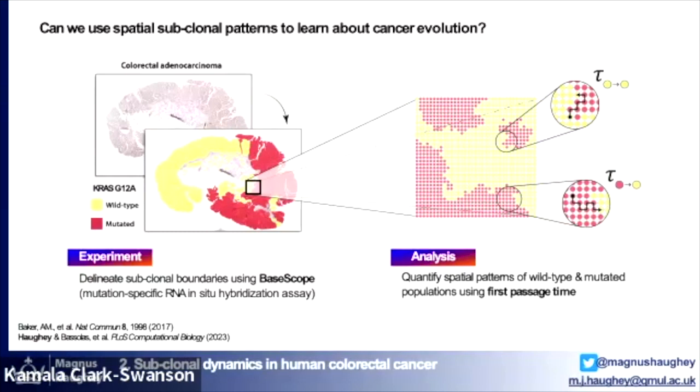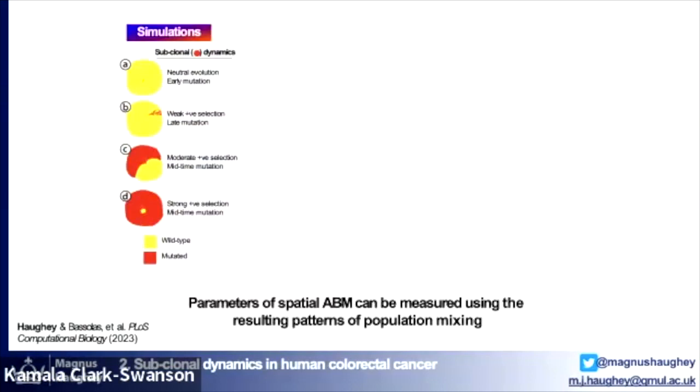So we simulated random walks on the pixels of these images, like you see on the left, and quantified first passage time, therefore quantifying the complex shapes of these tumor subpopulations. But to develop this framework, we first applied the first passage time measurement to simulated patterns of wild type and mutated populations that we generated with a similar spatial agent-based model.